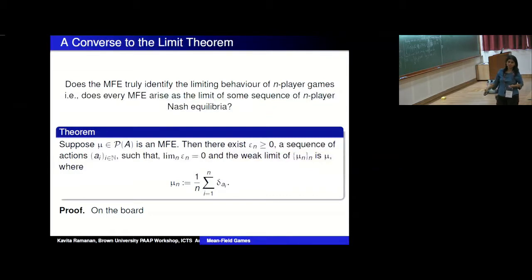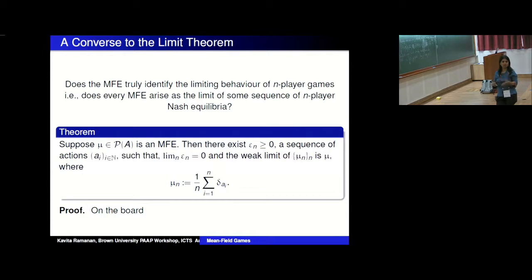So here's a way to say that in some sense, if you want to know if there are at least epsilon n Nash equilibria, then if you can prove existence of this solution to this MFE without thinking of it as a limit, not assuming the existence of epsilon n, but just the problem itself, then you know from this theorem that you can actually construct epsilon n Nash equilibria.